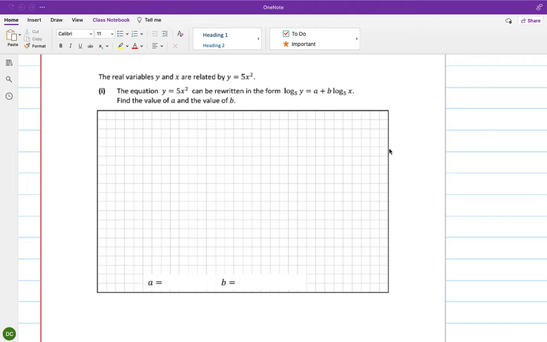Okay. Right, so, find the value of a and b. So y equals 5x squared, and then log to the base 5 of y equals a plus b log to the base 5 of x.